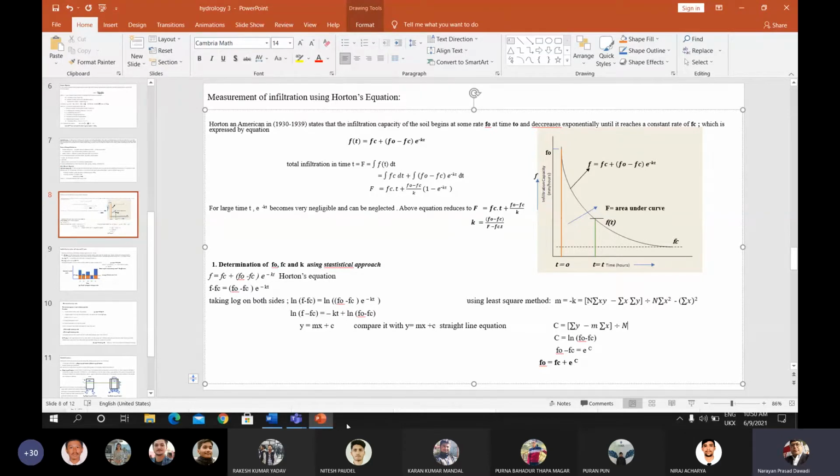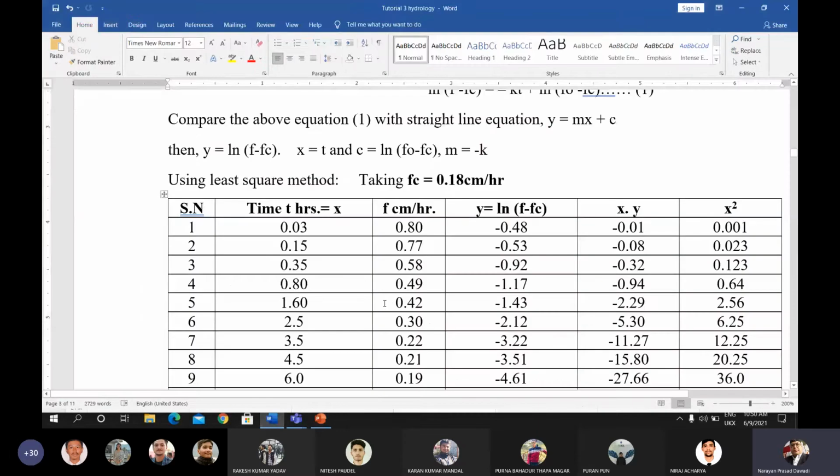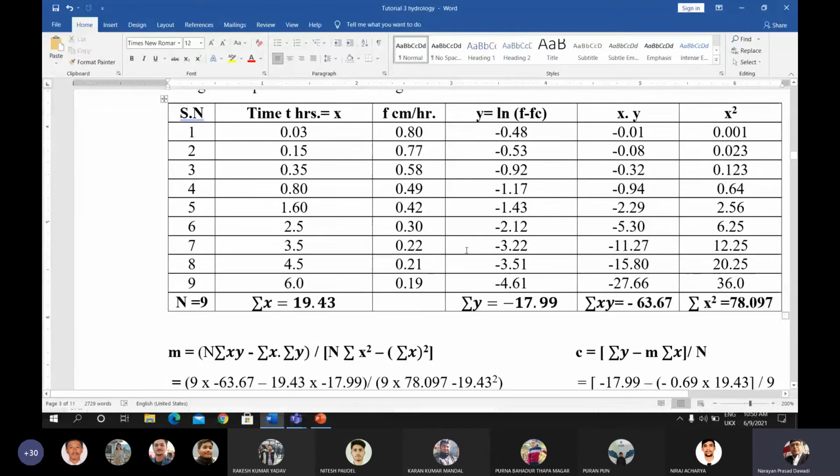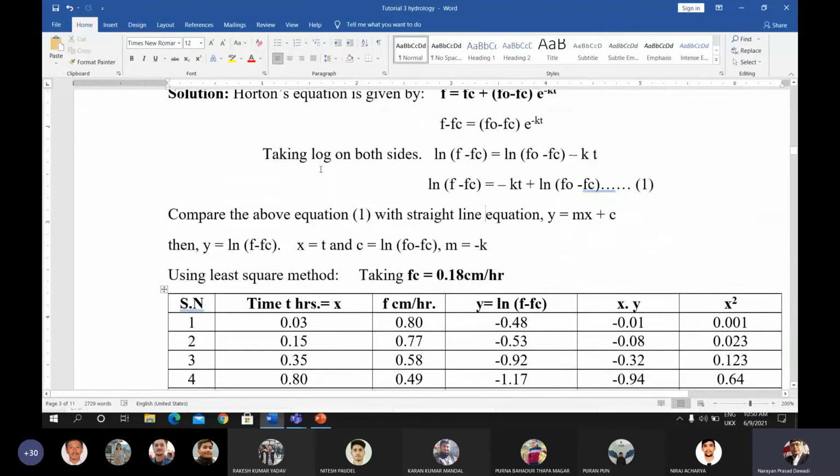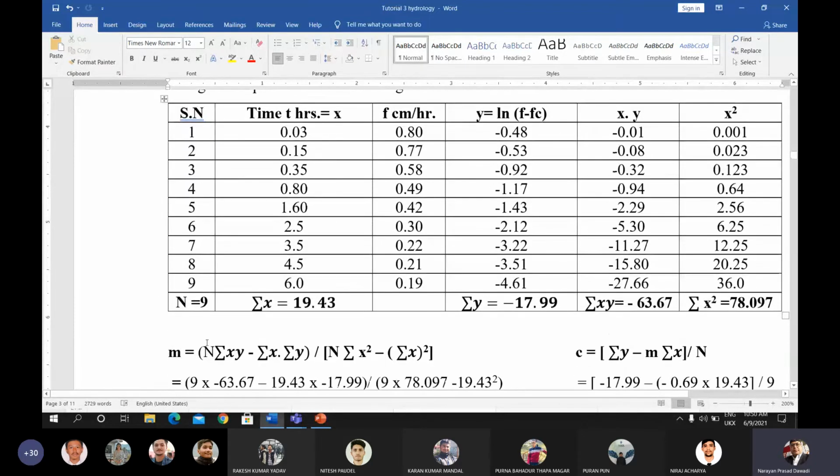That's why I have done this to determine the required data. The total number of data n is equal to 9, since we have been provided with 9 data points. Summation x, summation y, summation xy and summation x square are all calculated in tabular format.